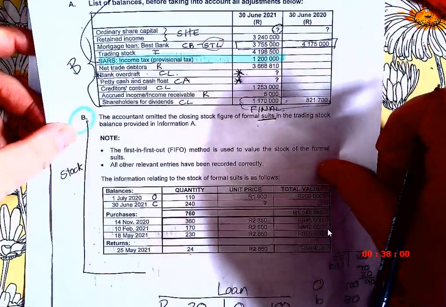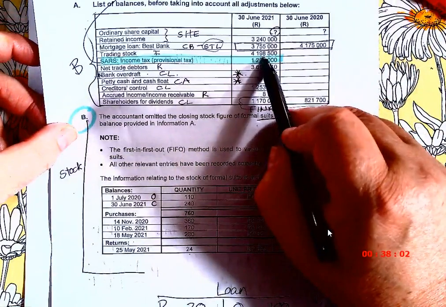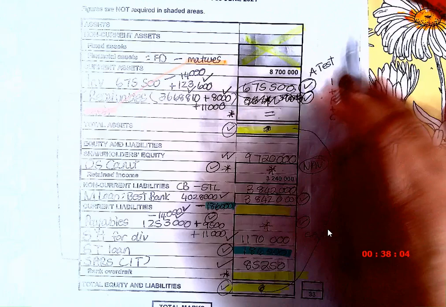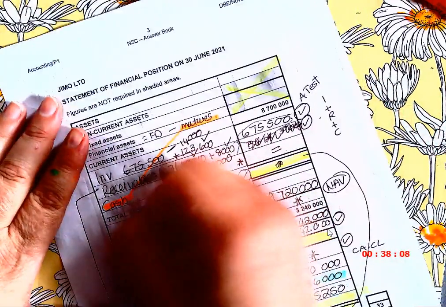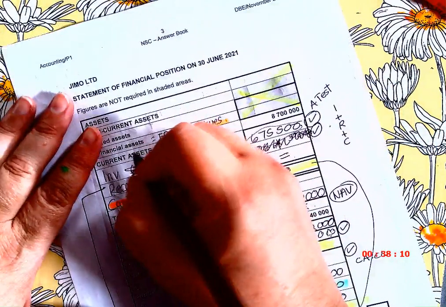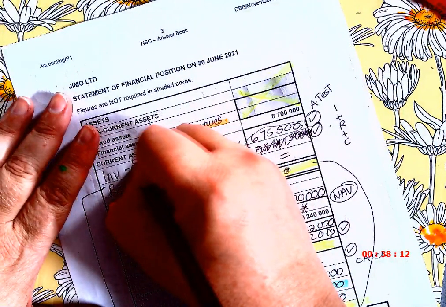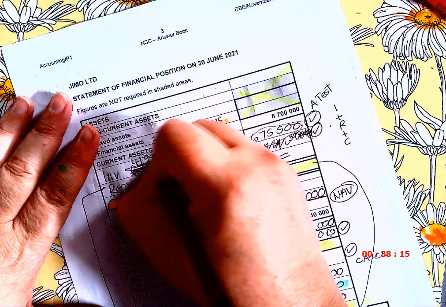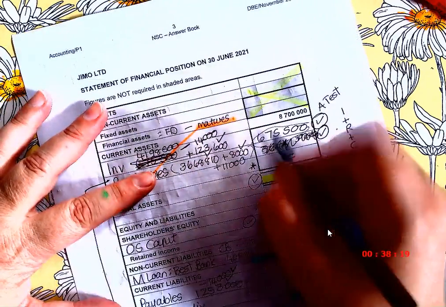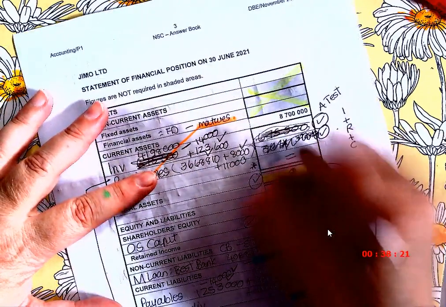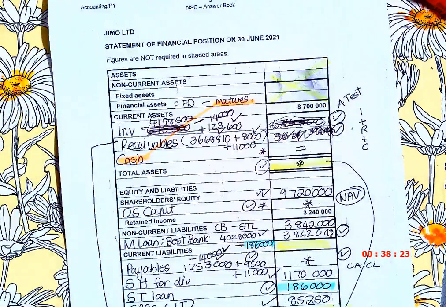Because did they give me stock? Can you see they gave me stock? So first of all, I missed that. See, really good teacher here. So that should have been 4,198,500 less the 14,000. So not that one. Okay. Yes.